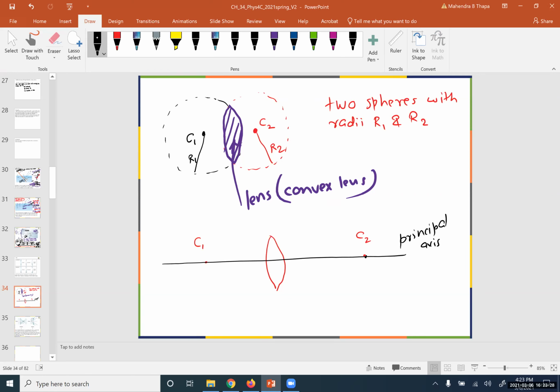And this point, the center of the lens, is called the optical center. The same case will apply for the concave lens. Okay, let's see that.